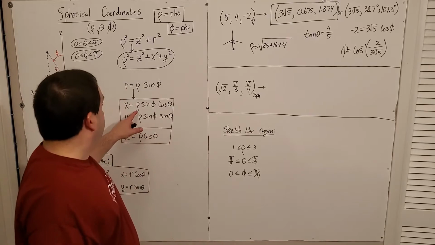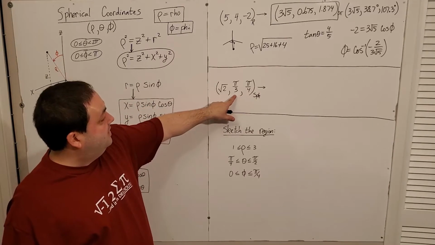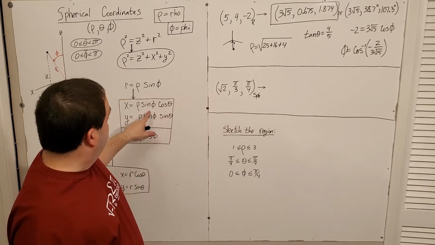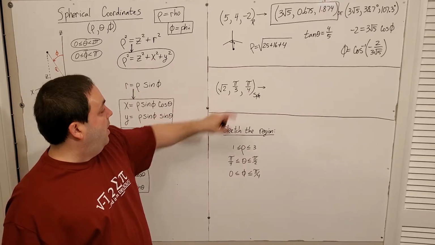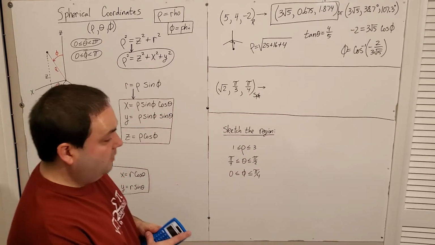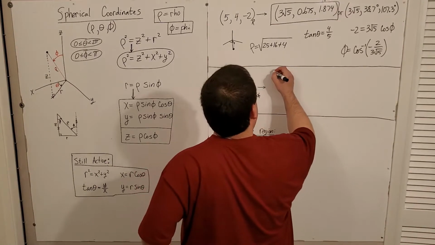I've got square root of 2 sine of, now be careful, this is theta and phi, so sine of pi over 4 cosine of pi over 3. Okay. So let me type that in.